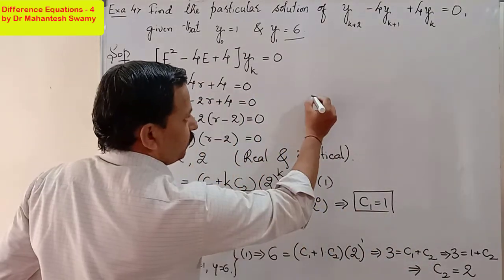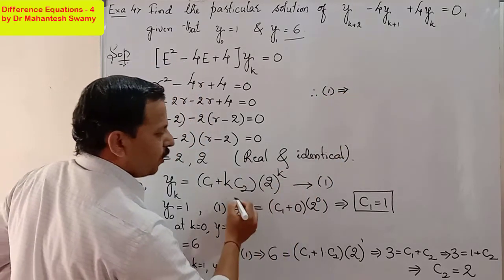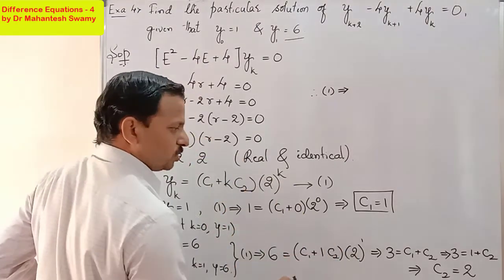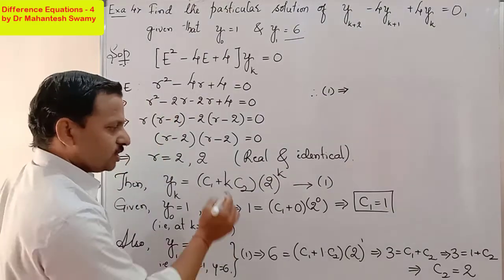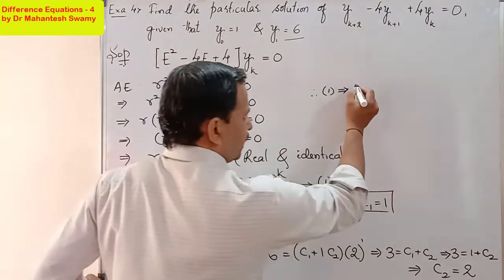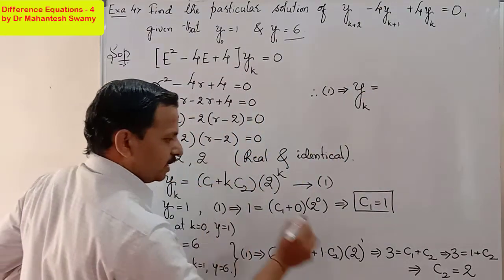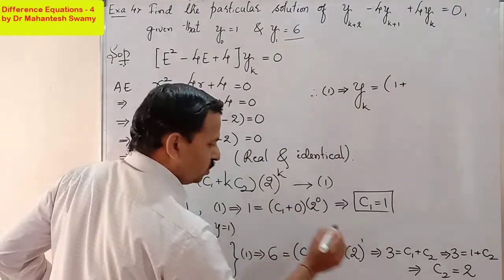Therefore the general solution 1 now takes the form of the particular solution, because we are assigning particular values to the arbitrary constants present in the general solution. The value of c1 is 1 and c2 is 2.